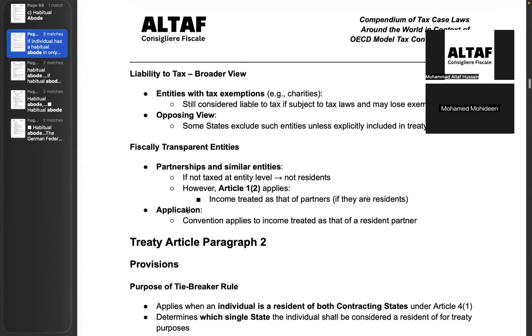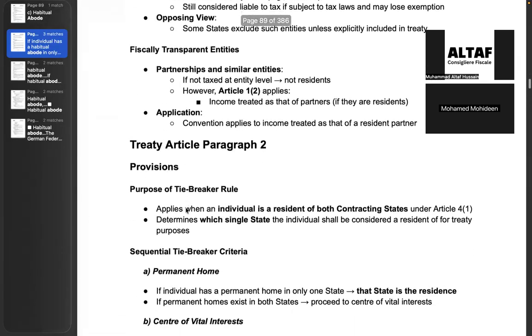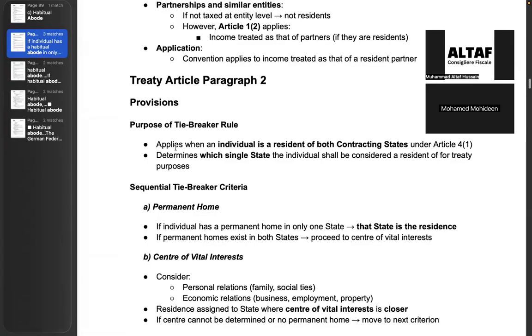This is the tiebreaker clause that I was talking about. The purpose of the tiebreaker clause is that it applies to an individual that is resident of both contracting states under Article 4. It determines which single state the individual shall be considered a resident of for treaty purposes.